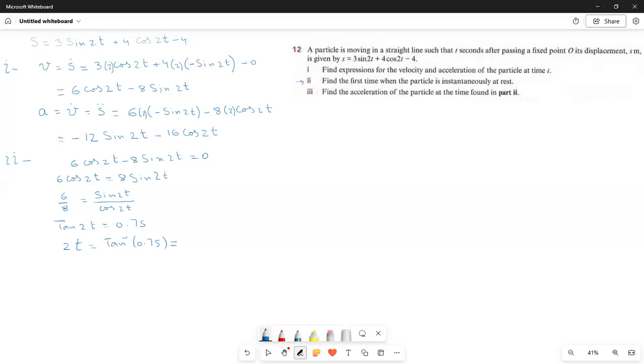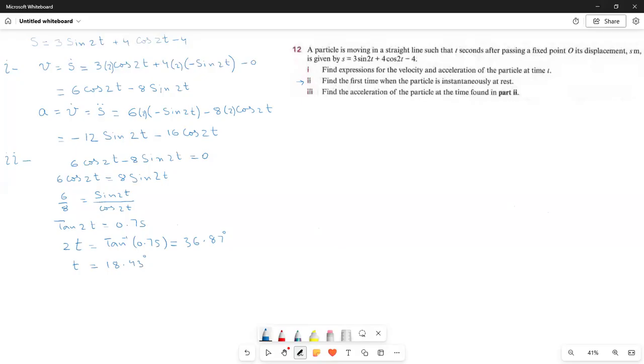If I use my calculator and find the value of this, it comes out to be 36.87 degrees. So t, I have to divide this by 2, it will become 18.43 degrees. But remember, in all this calculation, we used the angle in radians.